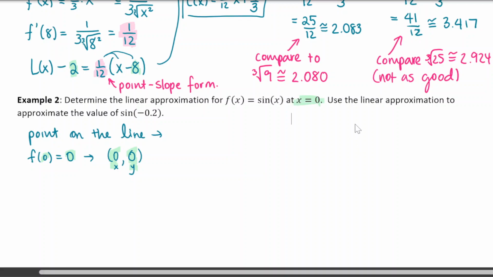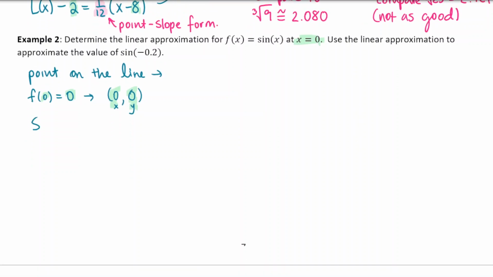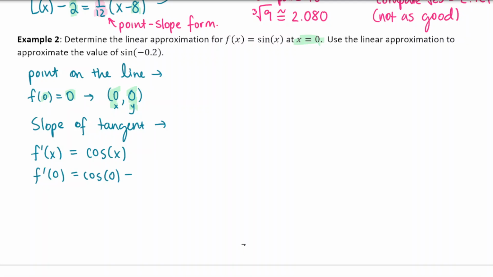Okay, now we need the slope of the tangent line. So the slope of the tangent line is going to be f prime of x equals cosine x. So f prime at 0 is cosine 0, which is 1. Okay, so that's my slope.